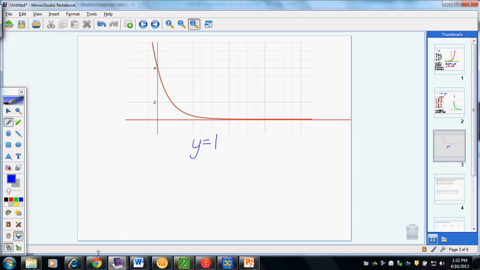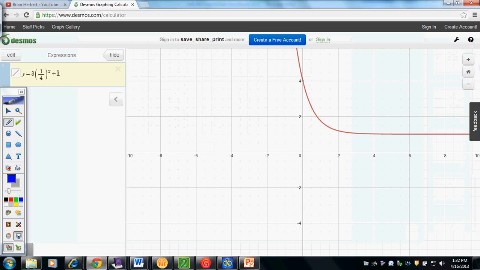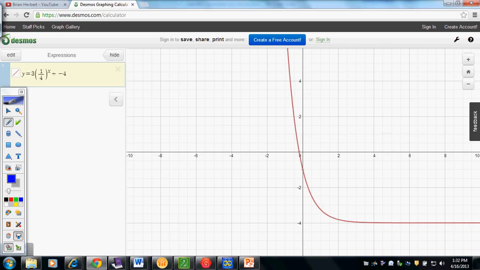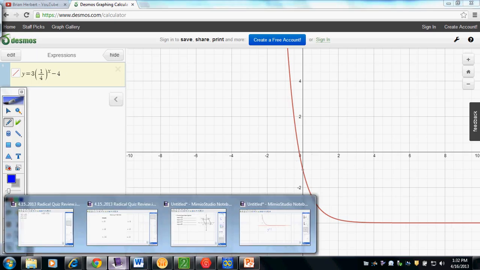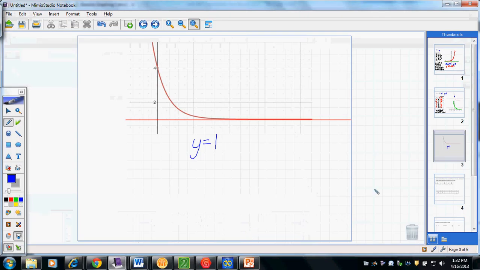Okay? And when I add this 1, my whole graph moves up 1, and my asymptote is at 1. Same thing if I had a minus 4. Again, same thing. Our graph is moving down, and it comes closer and closer and closer to y equals minus 4. Okay, so this just kind of helps you out a little bit with the asymptotes.